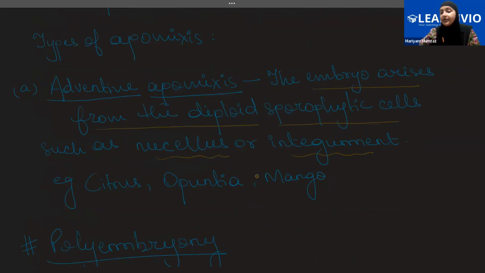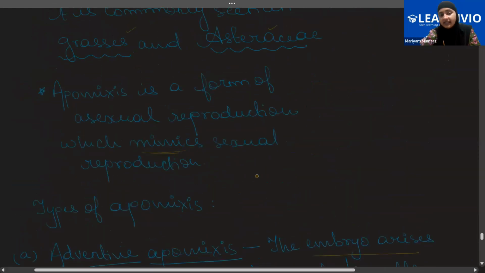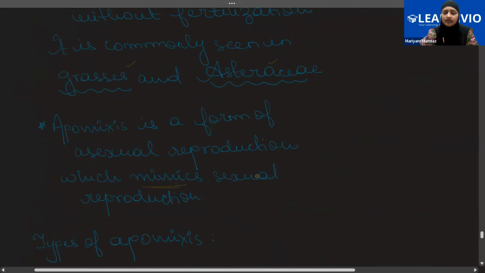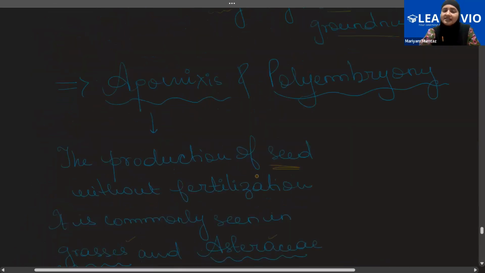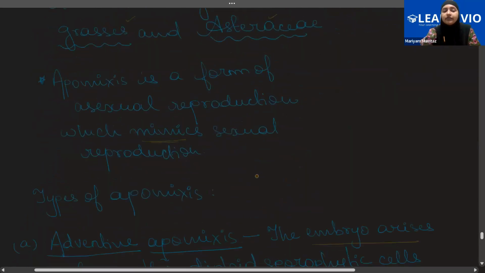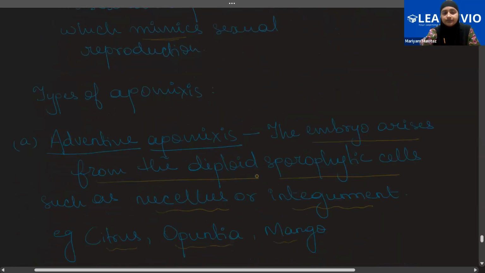Here, the embryo present inside the seed arises from a sporophytic cell, that is 2n, such as in the case of citrus, opuntia, mango. So apomixis can be seen naturally in some plants, but mostly seed is a result of sexual reproduction.